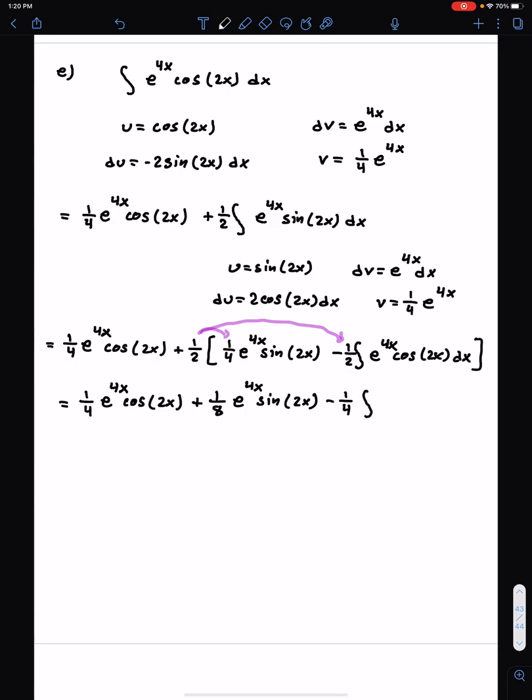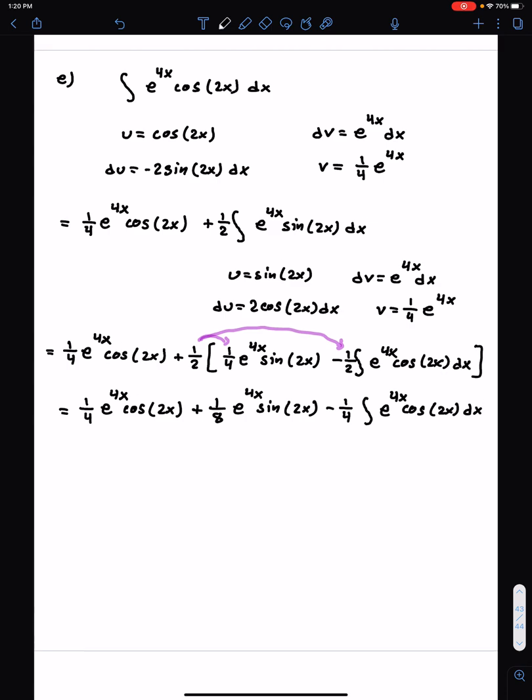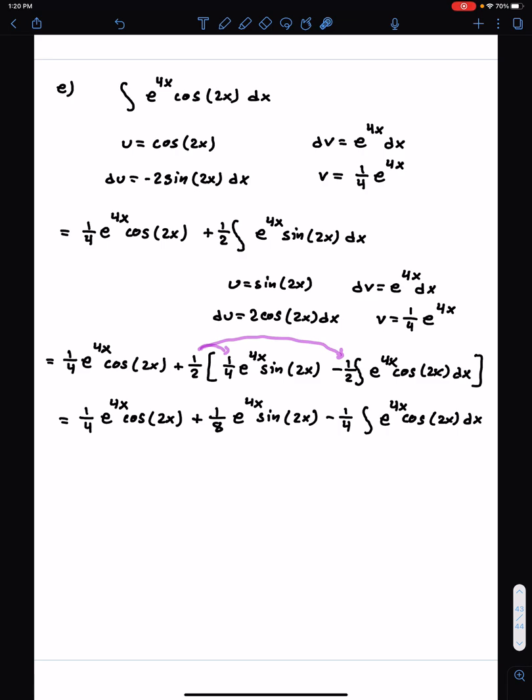minus 1/4 times the integral of e to the 4x cosine 2x dx. Now, by doing integration by parts twice, this part matches the original integral.